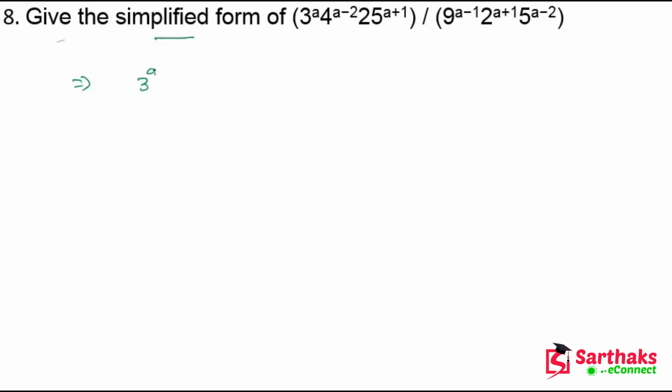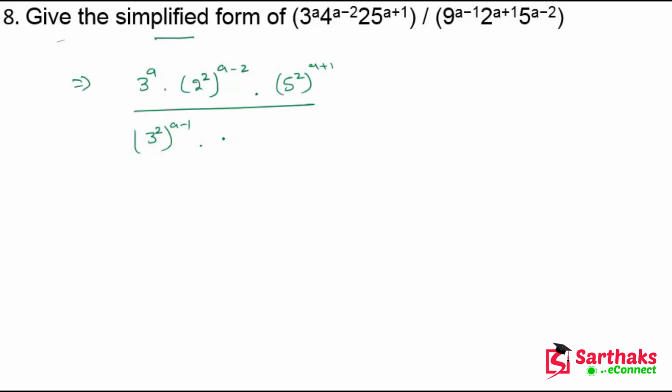3 raised to power a. We can write 4 as 2 raised to power 2 and whole raised to power a minus 2. Okay, into, we can write 25 as 5 raised to power 2, and it has whole raised to power a plus 1, and it is divided by, so this will become 3 raised to power 2 and whole raised to power a minus 1.